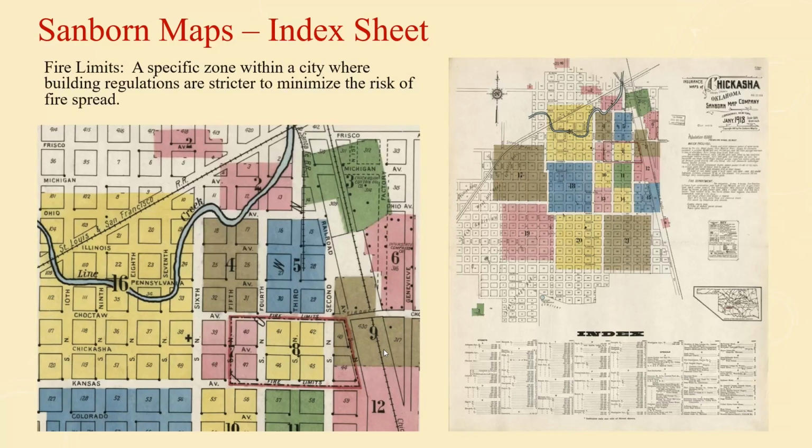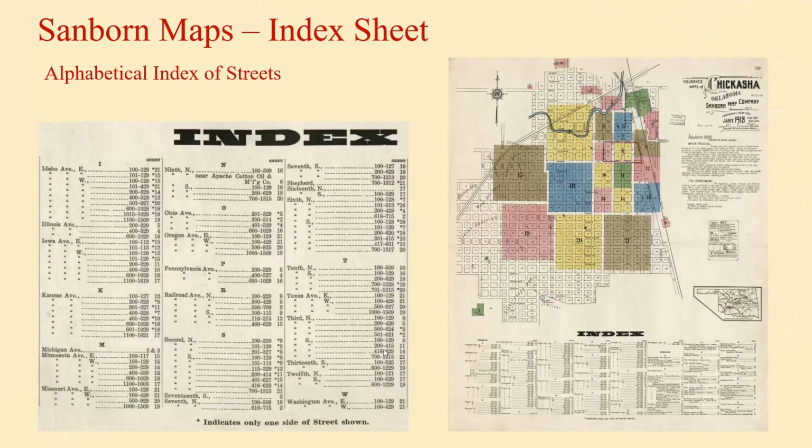Down at the bottom, there's an alphabetical index of streets. Numbered streets are given by name, so 6th, 7th, 2nd Street are under S, and 10th, 3rd, 13th Street are under T. So if you know the address that you're looking for, you can go to that index.